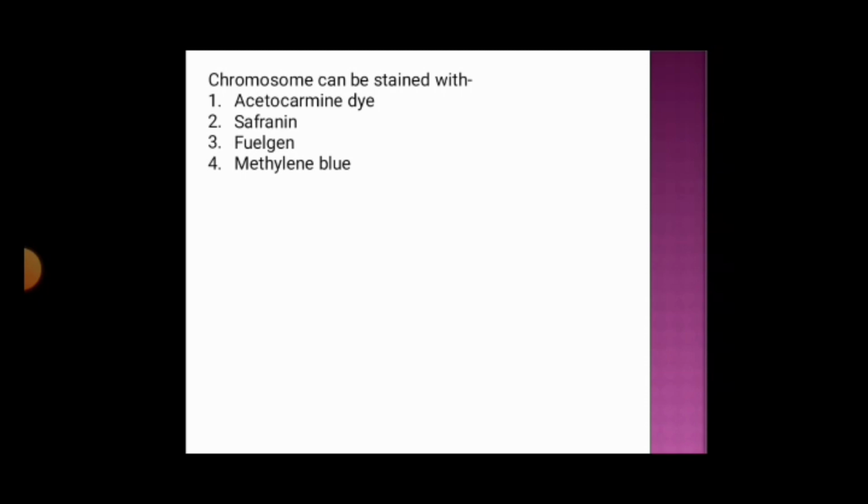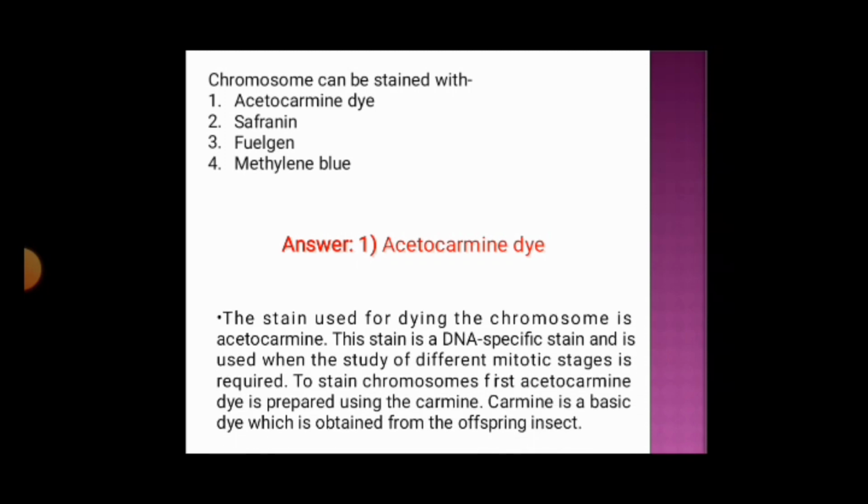Next question. Chromosome can be stained with: option 1 acetocarmine, option 2 safranin, option 3 Feulgen, and option 4 methylene blue. And the correct answer is option 1, acetocarmine. The stain acetocarmine dye is used for dyeing the chromosome.